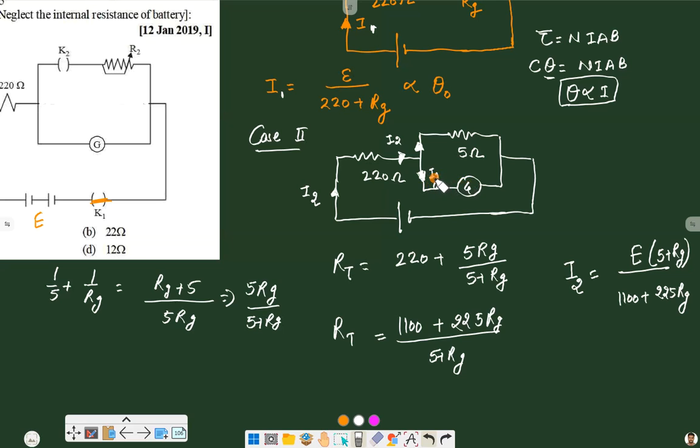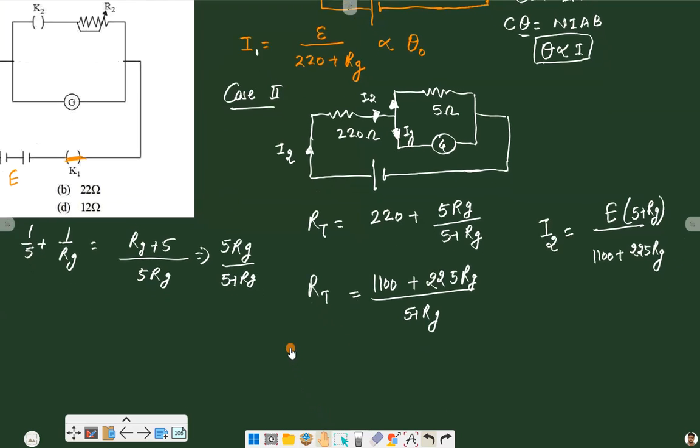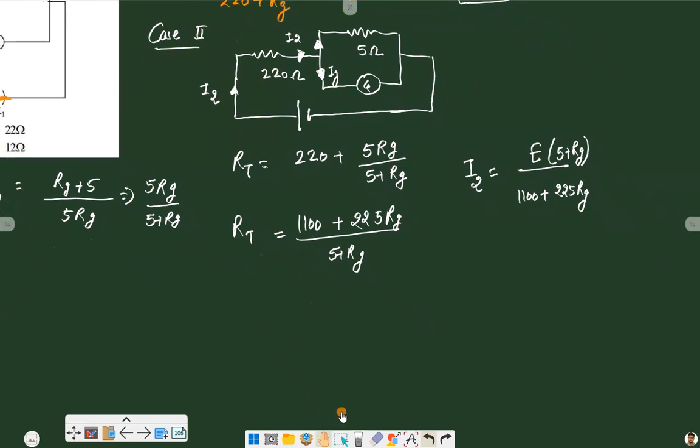So we have to find out the value of Ig in terms of I2, and that we can find using the parallel relation, that when we have two resistances in parallel, then the current flowing through any one of them can be found. Suppose we have to find the current Ig. As we are finding the value across this resistance Rg, we have to take the opposite resistance 5 divided by the total resistance, that is 5 plus Rg, the total resistance of the system, multiplied by the original current, that is I2.